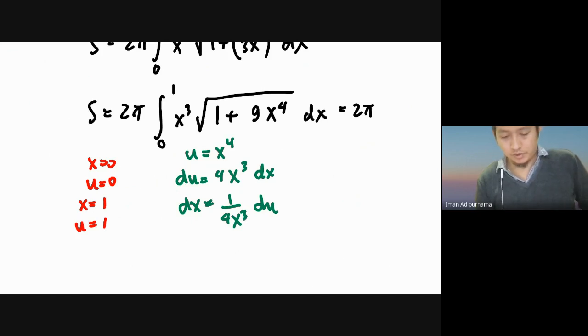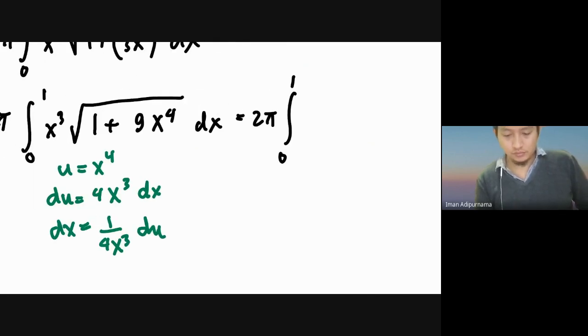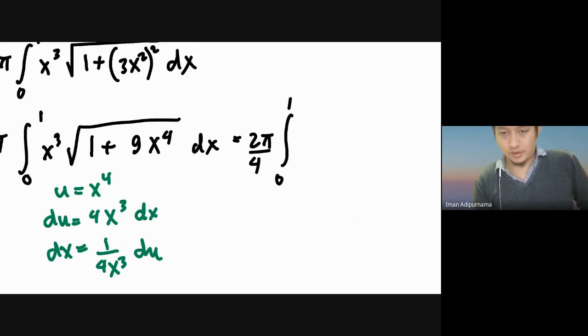So there's no problem there. So we are still having 0 to 1, and the x cubed becomes 1 over 4. I will write it like that. And this will be resulting in square root of 1 plus 9u, du.